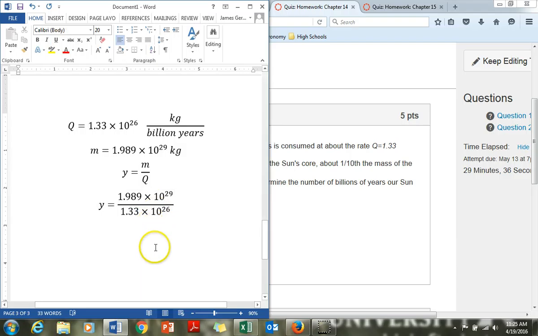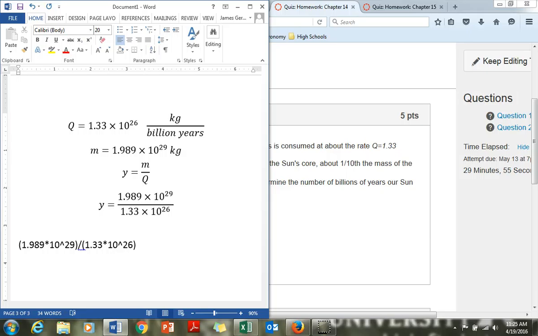When you calculate this, don't hesitate to use parentheses: 1.989 times 10 to the 29, divided by 1.33 times 10 to the 26th.